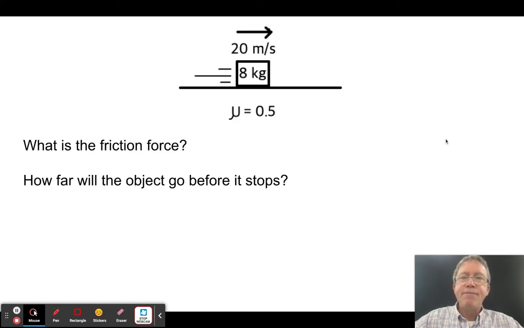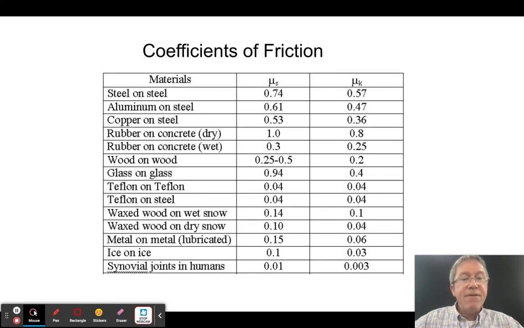Now, one other thing to look at is that when I have things that are very low friction, I'll have a very low multiplier. So Teflon, which is a non-stick surface, you see, has a very low value for both kinetic and static coefficients of friction.